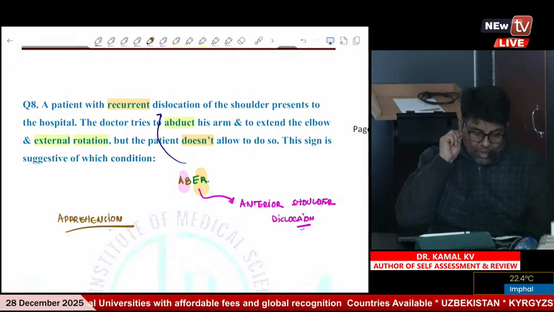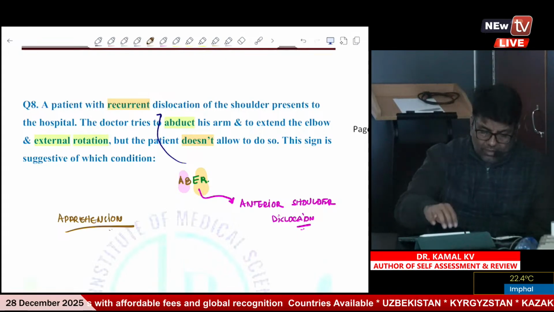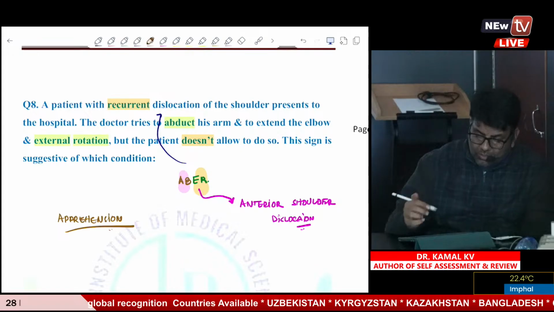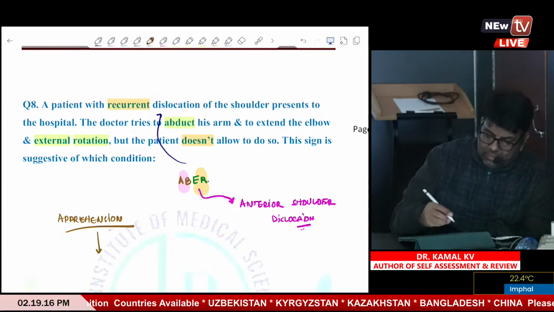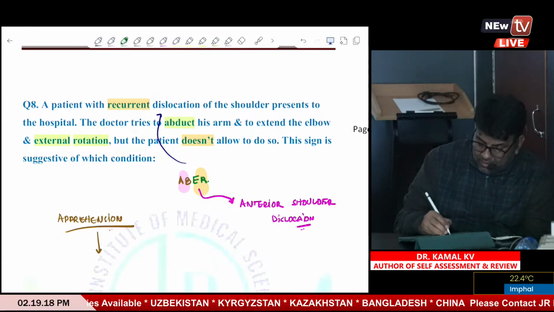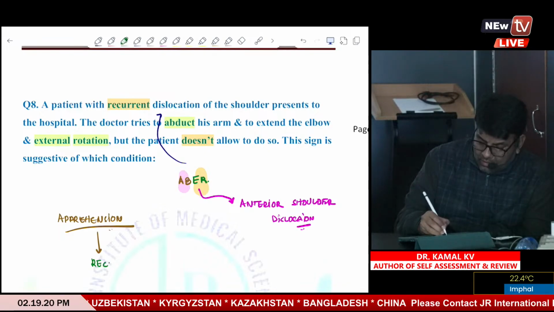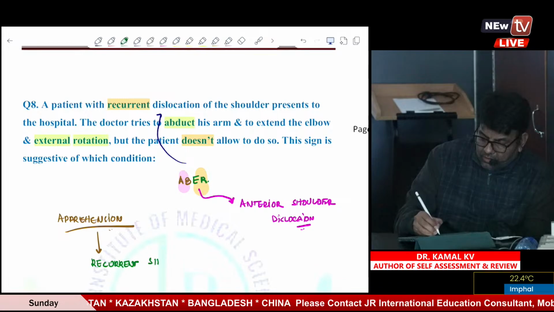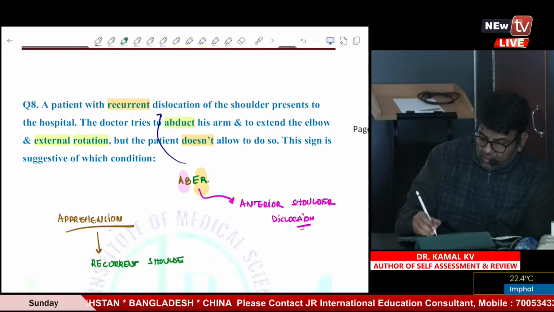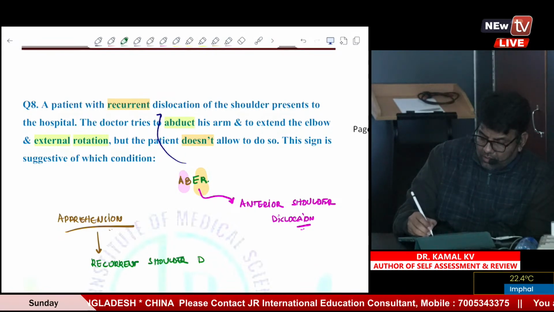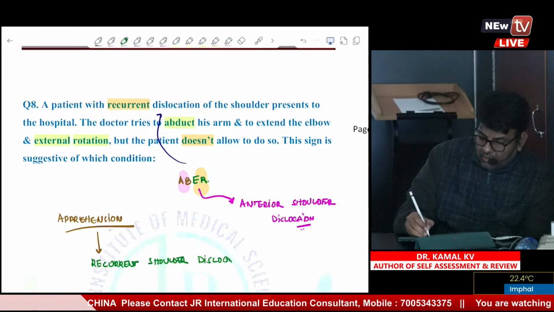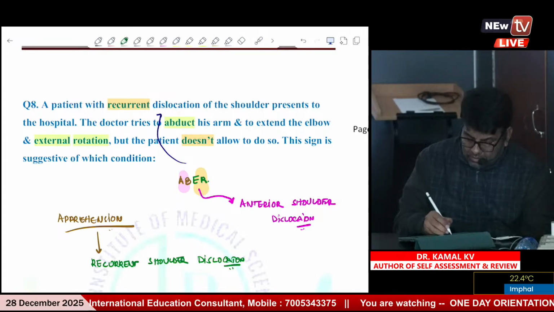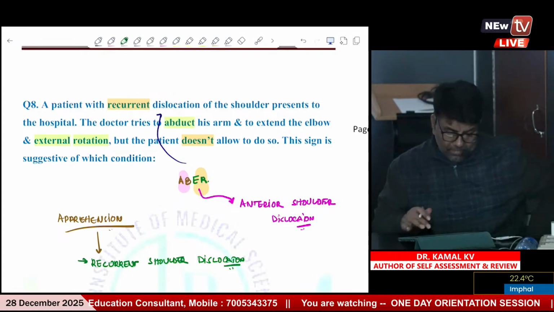The moment you do abduction and external rotation, he will think that now his joint will get dislocated, so he will stop the doctor. So this test is done for which condition? Recurrent shoulder dislocation. Is that clear?